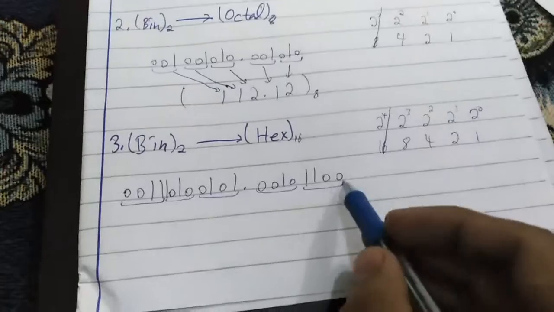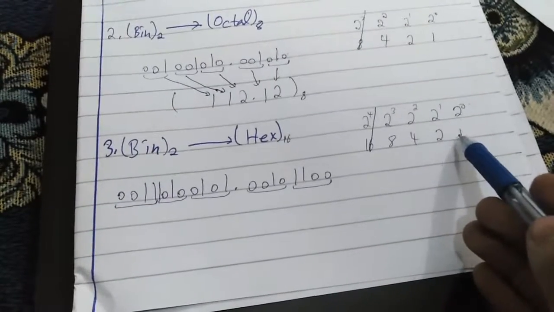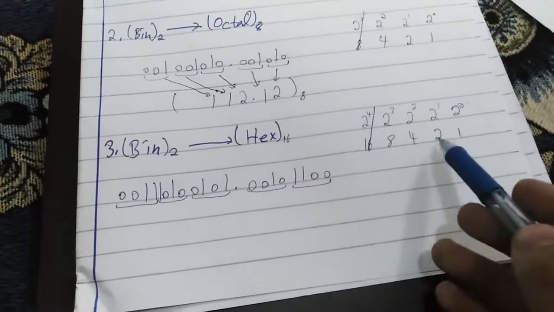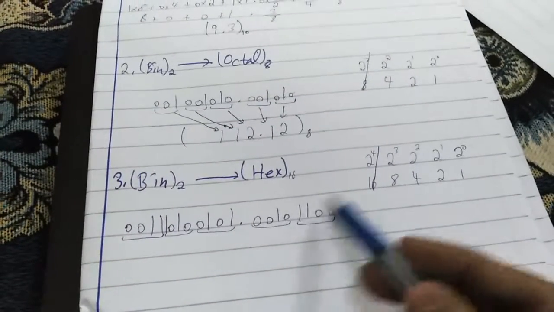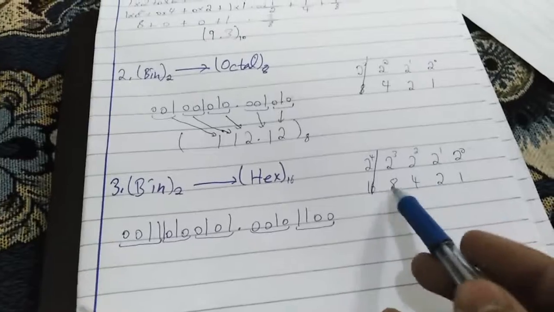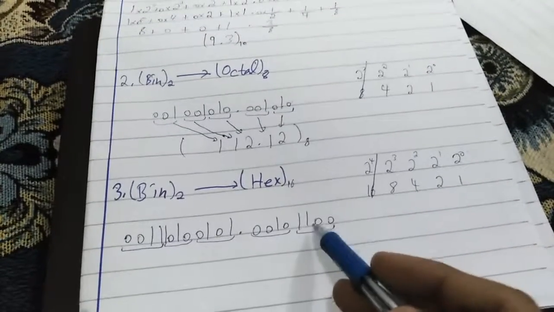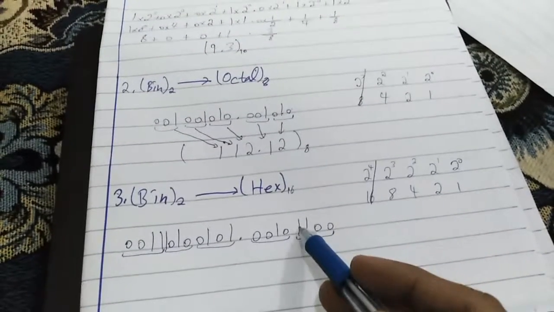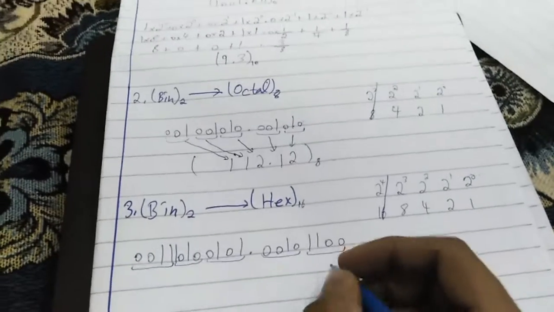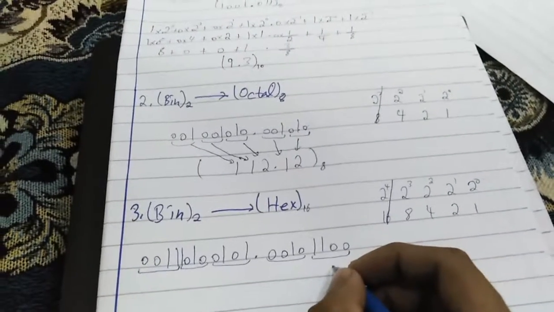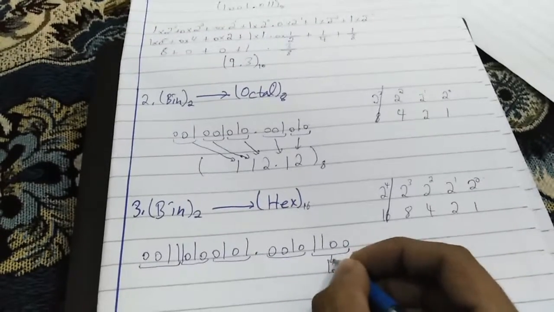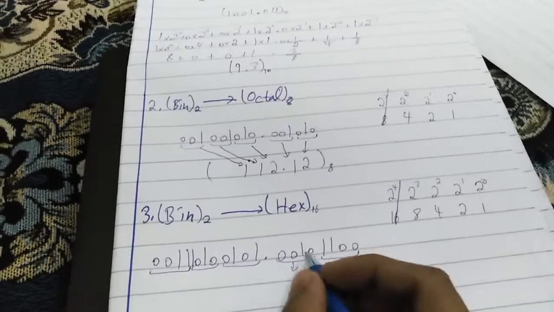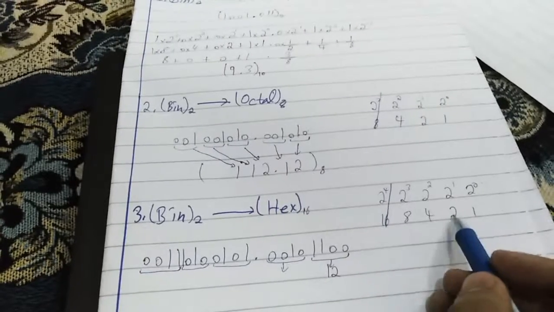Now we simply see that 0 multiplied by 1 is 0, 0 multiplied by 2 is 0, 1 multiplied by 4 is 4, and 1 multiplied by 8 is 8. So we add these values: 8 plus 4 is 12. We have the answer of this as 12, and this all 0 and 2 1.